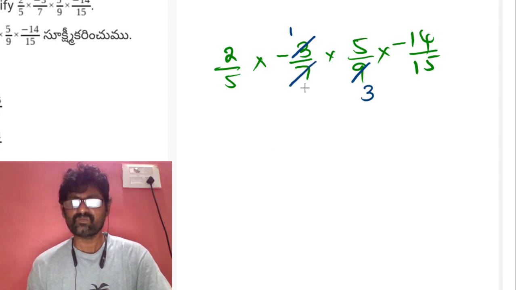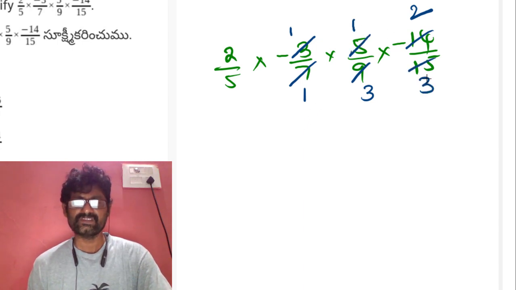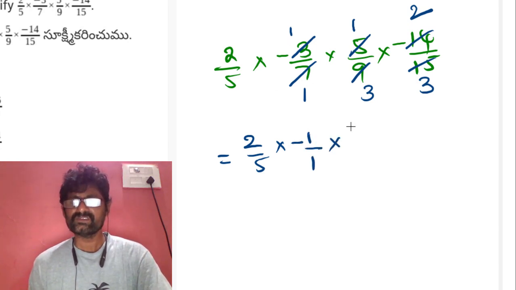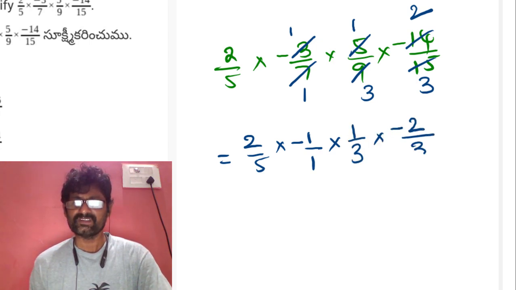Then 7 times 1 and 7 times 2. Then 5 times 1 and this is 5 times 3. Now let us write the remaining values. 2 by 5 times 1 by 1, we can ignore, but negative is there, so we need to write negative 1 by 1, times 1 by 3, then times negative 2 by 3.